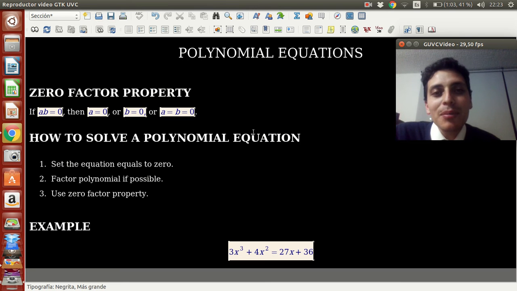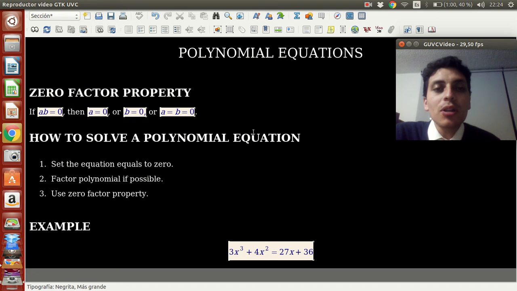And what is a polynomial equation? To me, a polynomial equation is just an equation that can be expressed in terms of polynomials. Other equations are rational equations, which refer to fractions, or radical equations, which refer to roots. Polynomial equations refer to polynomials.